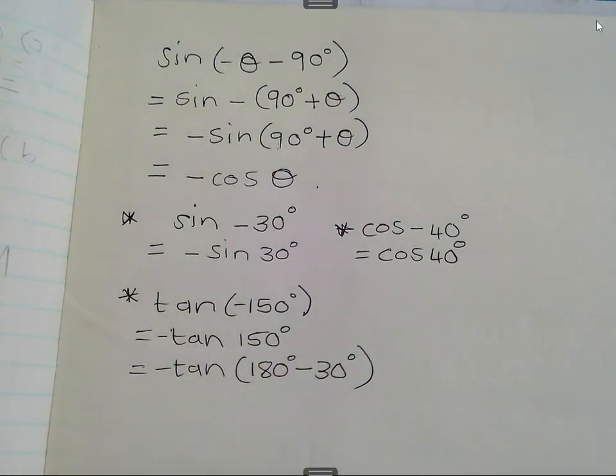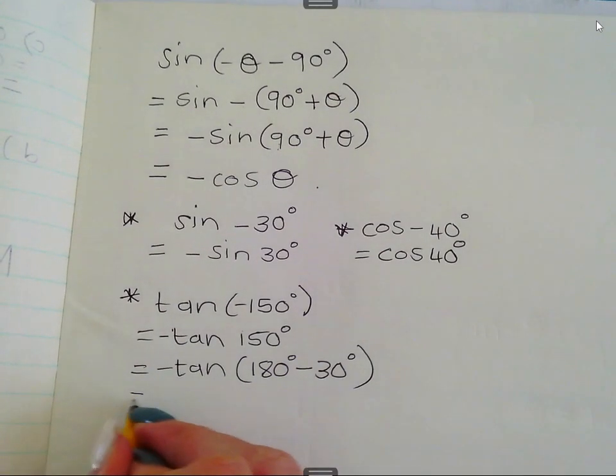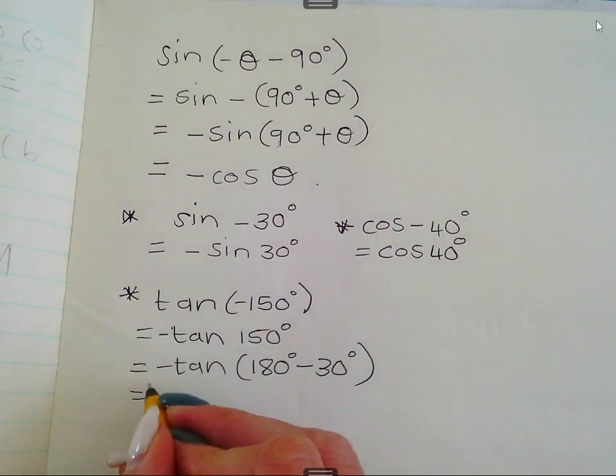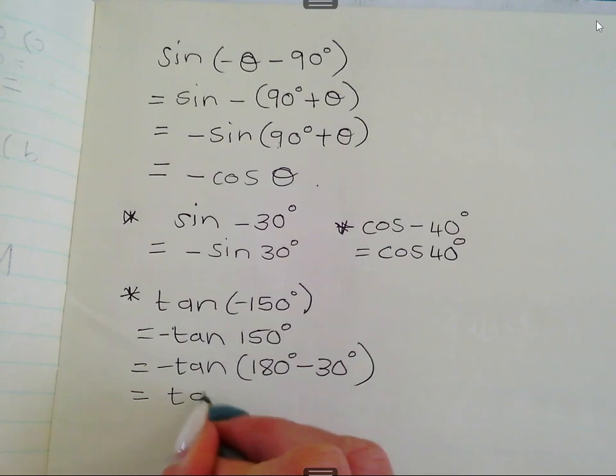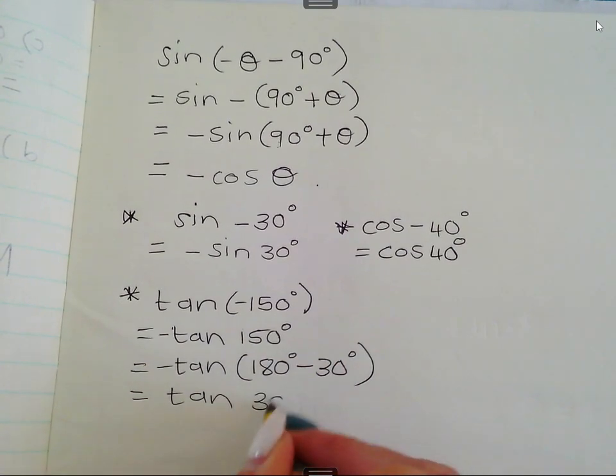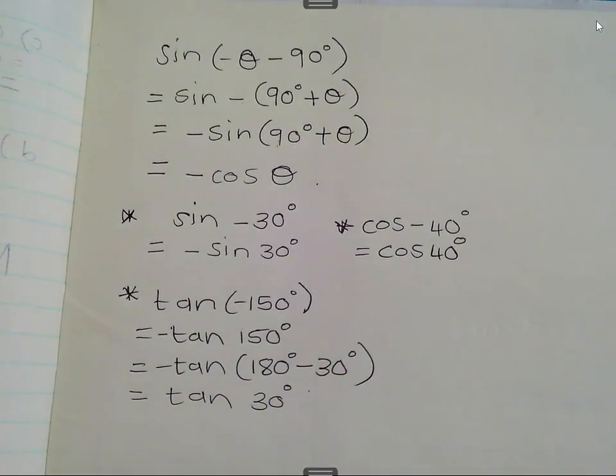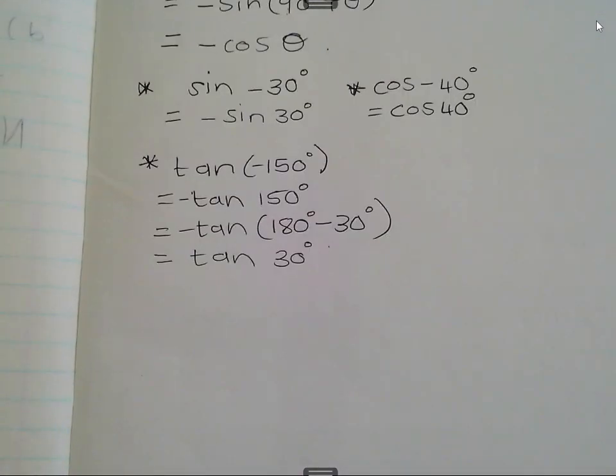Right, which quadrant is 180 minus? Second. What is tan in the second? Now another negative is joining this negative. So what's it going to be? Positive tan 30 degrees. Do you understand that? Are we going to practice it?